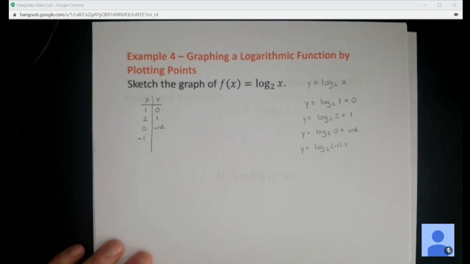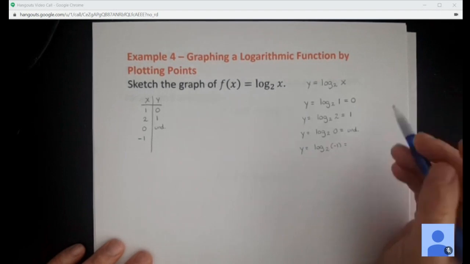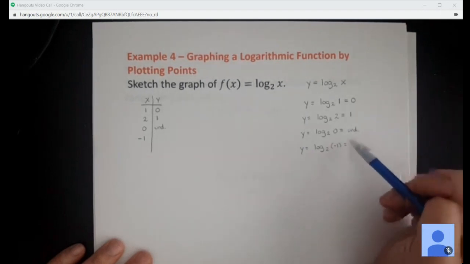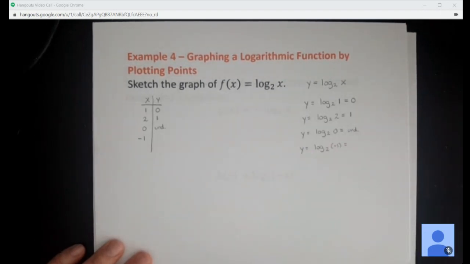Again, the question is, is there a number I could put over here that if I do 2 to that power, I will end up with -1?